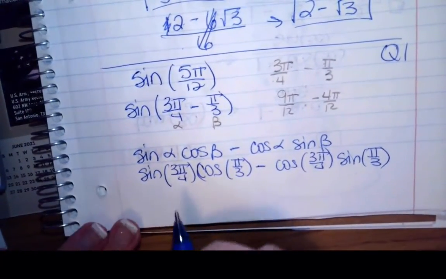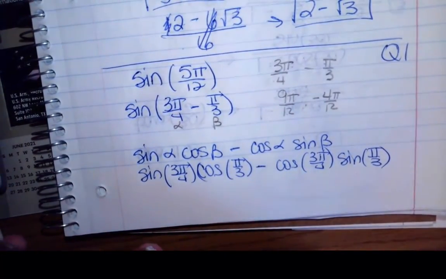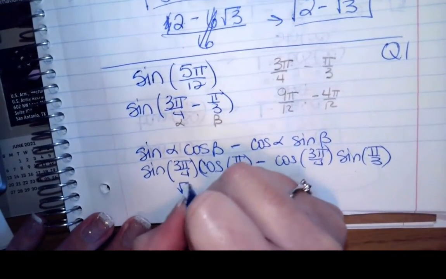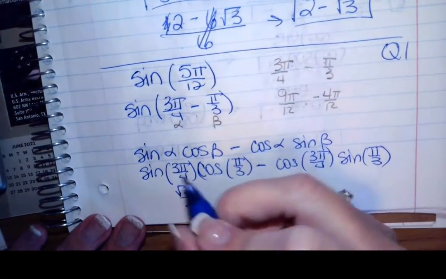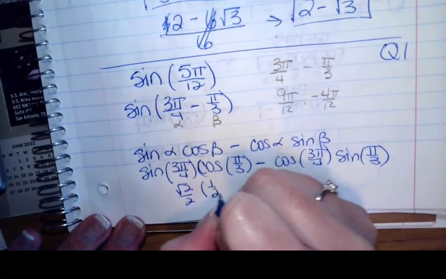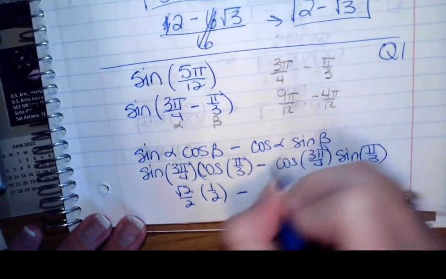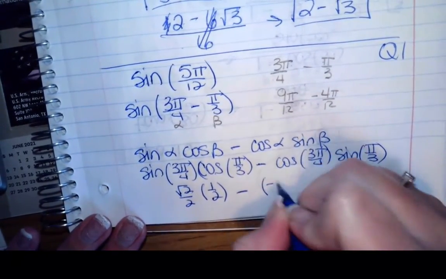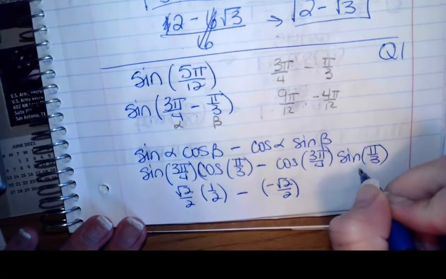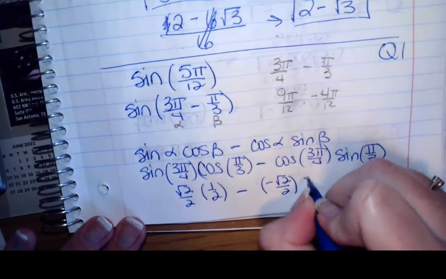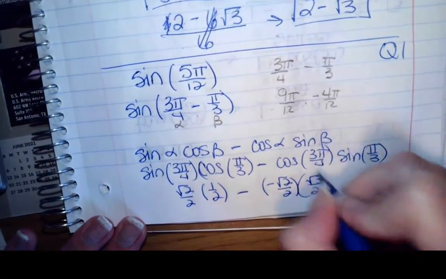Bringing this forward a little bit, what's the sine of 3 pi over 4? The sine of 3 pi over 4 is root 2 over 2. The cosine of pi over 3 is 1/2, minus the cosine of 3 pi over 4, which is negative root 2 over 2, and the sine of pi over 3 is root 3 over 2.